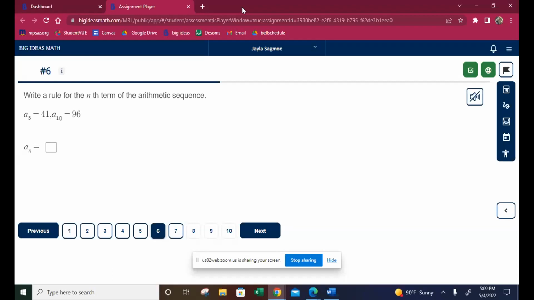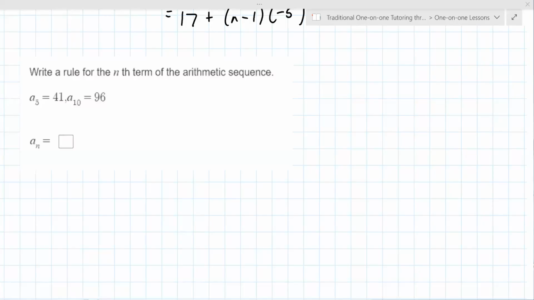Well, let me grab this question and I'll try and show you the shortcut for this. All right, let me share my screen. Great. The way that I would do this is I would always start with whichever number is bigger.